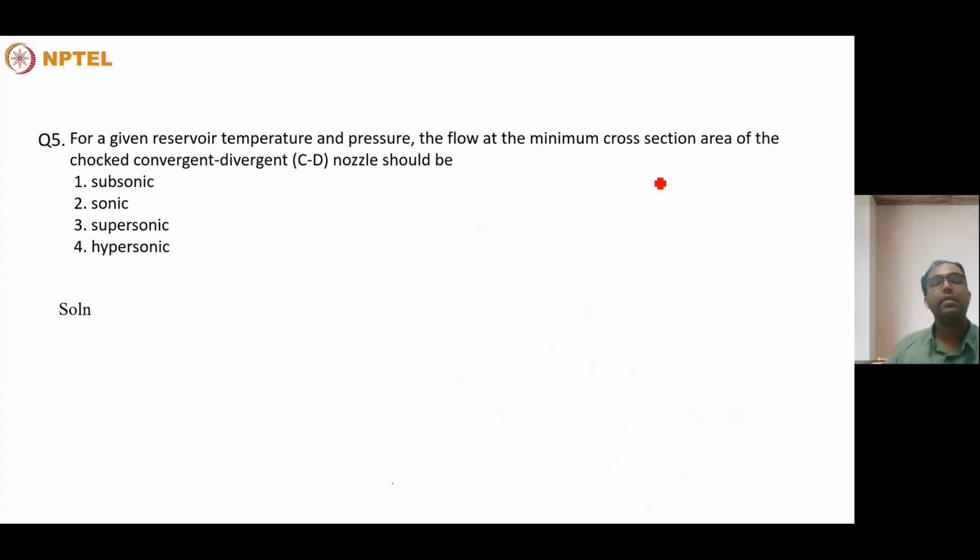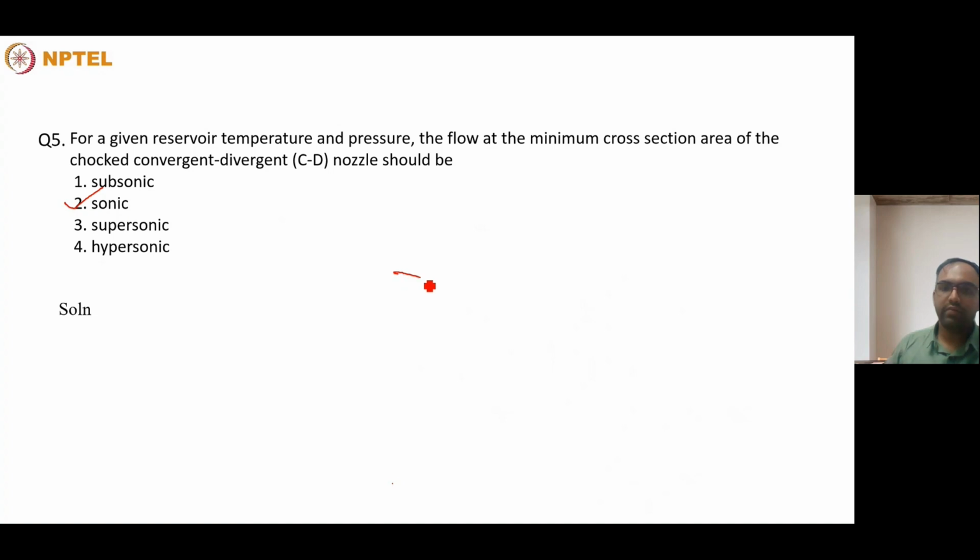The throat area will be the choking area, and the given nozzle is a convergent divergent nozzle, and the choke flow. The mass flow rate keeps on increasing till the Mach number of the throat will be equal to 1. So the answer is sonic.